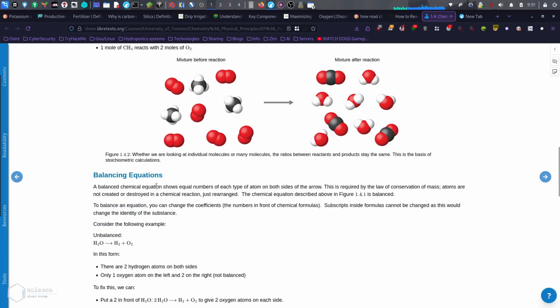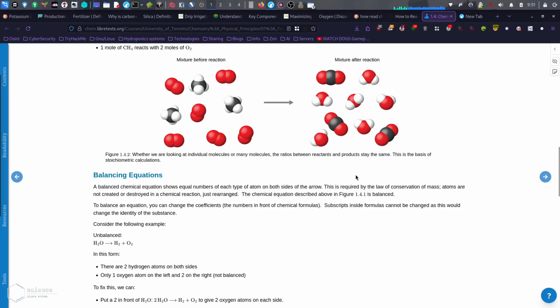A balanced chemical equation shows equal numbers of each type of atom, each type of molecule in this example. These molecules, because a molecule is combined from atoms, I think. A balanced chemical equation shows equal numbers of each type of atom on both sides of the arrow.